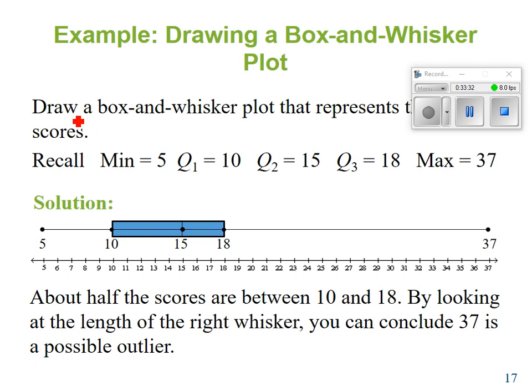What was it? Nobody remembers? 18. What was quartile 3? 10. Now, your number line shouldn't, mine looks like they're the same, and this shouldn't be the same. 10 should be closer to 18 than 31 is, right? What was the lowest number?